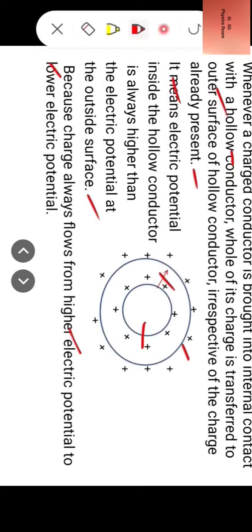The same way, charge also flows from higher electric potential to lower electric potential. It means electric potential inside the hollow conductor is always higher than the electric potential at the outside surface.